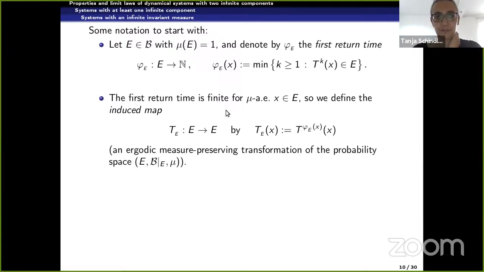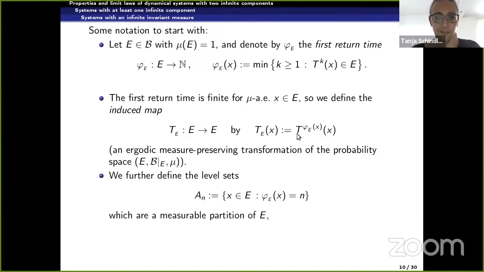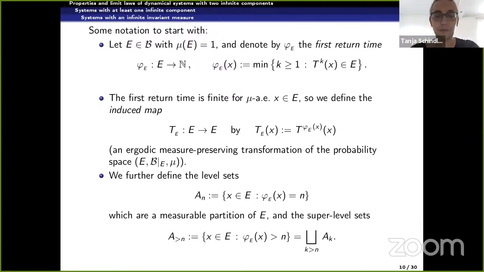And so we can also define the induced map, which means we basically iterate t so long that we are getting back to E again. And then we define the level sets En as a measurable partition of E, and take the union of all those sets such that the return time is larger than n.